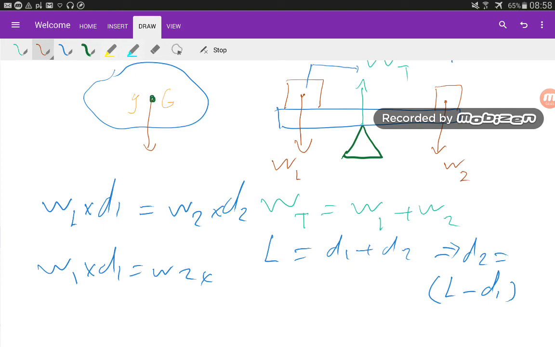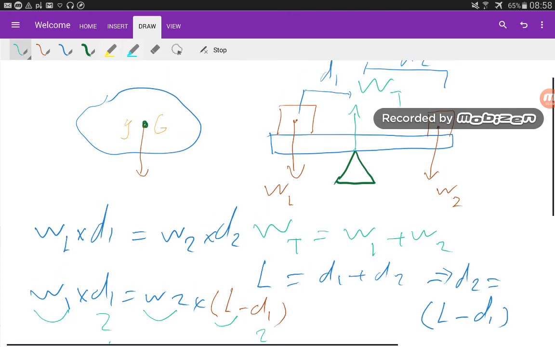In place of D2, I'm using L minus D1. In this equation, we know the weights, we know the length, and the only unknown is D1. By solving this equation, we are able to find the distance of the center of gravity from either point.